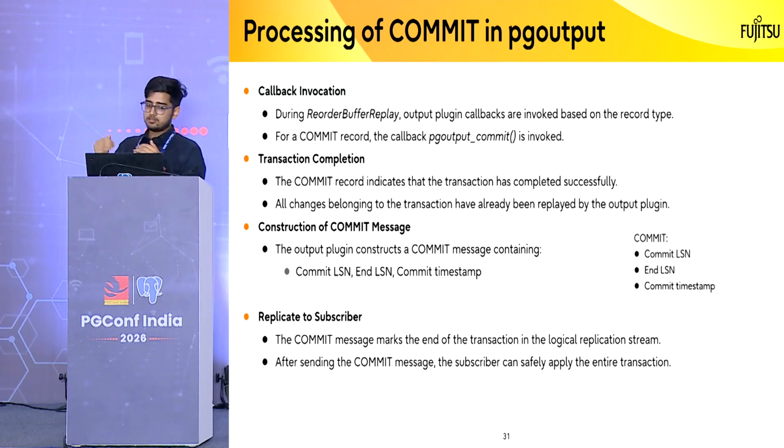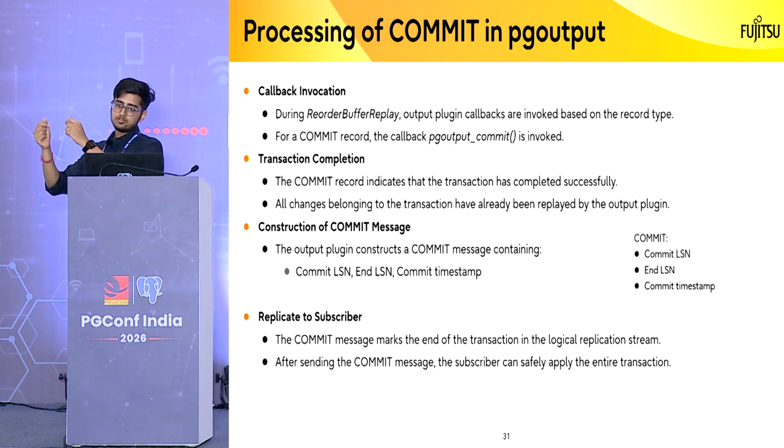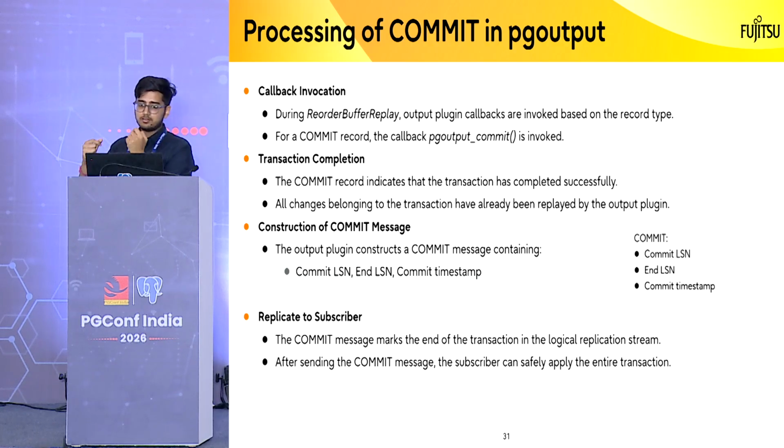Now coming to the processing of the commit in pgoutput. Inside the reorder buffer we only had the insert change, so that is processed. Since a commit record was decoded, pgoutput commit will be invoked now, and it indicates that the transaction has successfully completed and all the changes inside the reorder buffer for that particular transaction have been replayed.